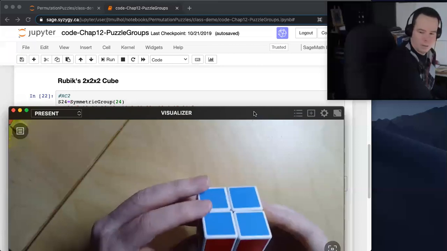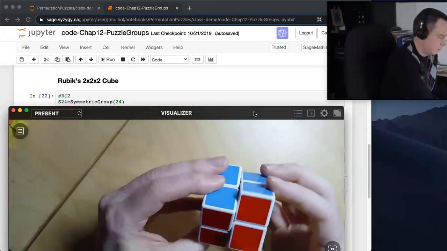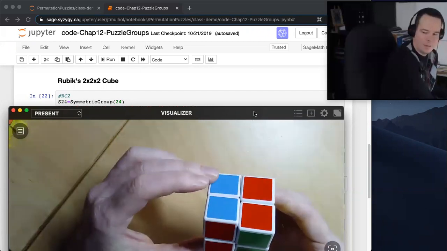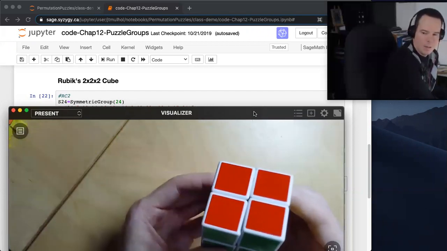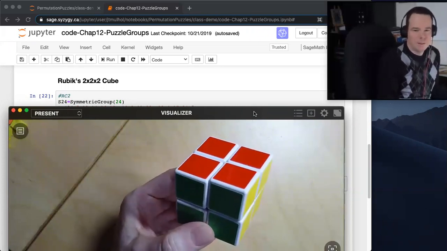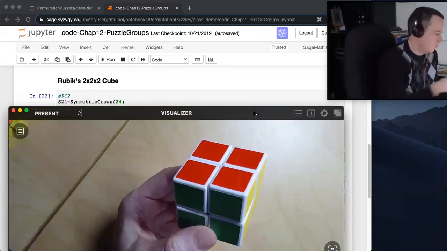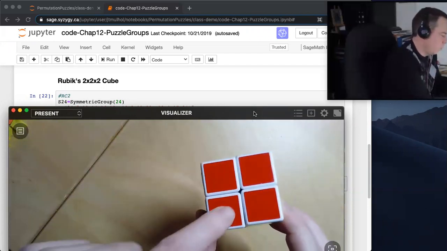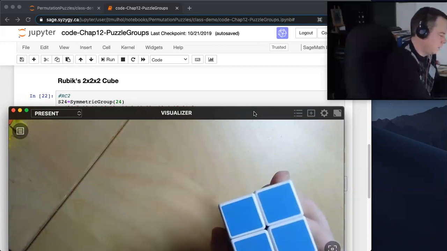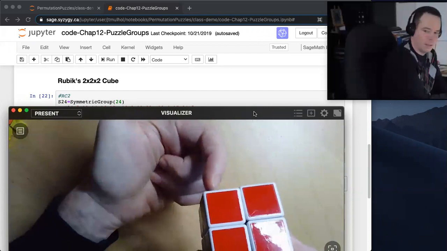So if I do a right move, followed by a left inverse move, the puzzle is solved. But this isn't the identity permutation, because what was here was this one. So 1 has actually gone back here now.